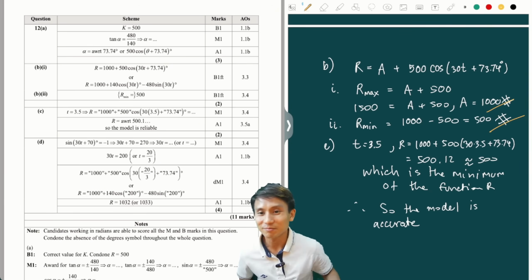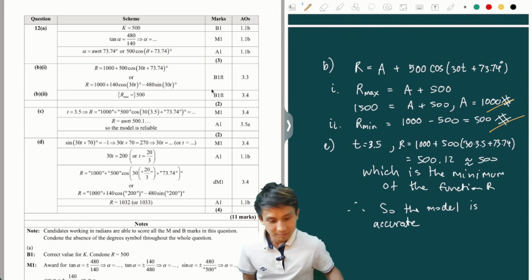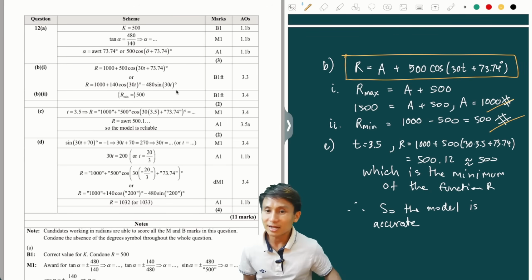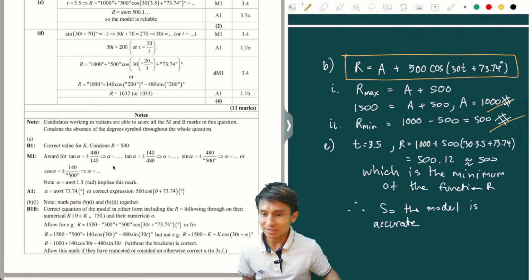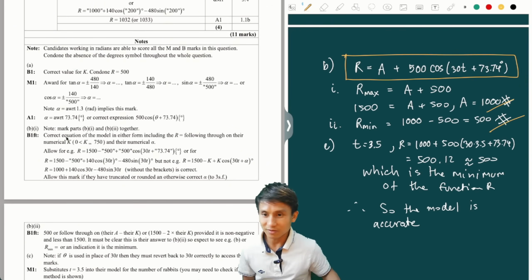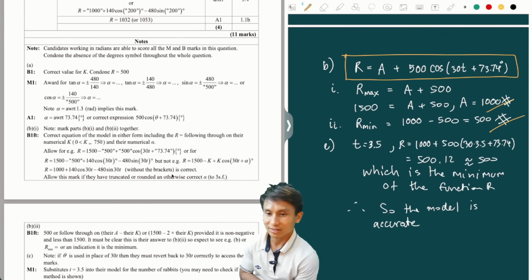Is there anything that can be implied here? But I wrote this, right? I wrote this, and then I say A equals 1,000. So let's see. B I. Correct equation for the model in either form including R equal following through in their numerical K. Allow for that R without the brackets is correct.